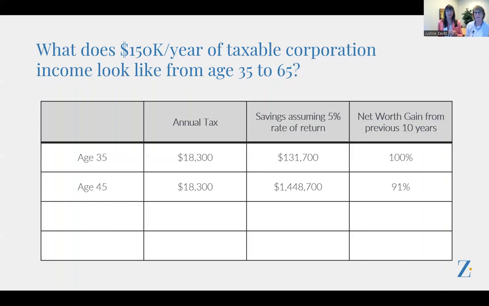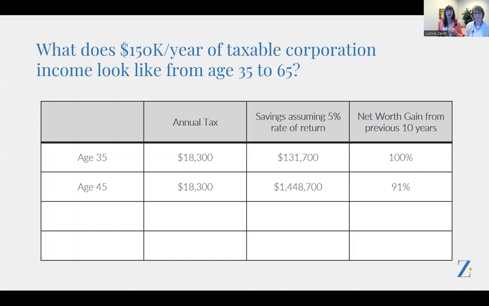They haven't started earning enough passive income that it has clawed down the small business tax rate to something that's 150,000 or less. So over that 10 years with the compounding interest, this person now has a pot of money of 1.5 million almost, 1.45 million. From the 10 years prior, when they only had 131,000, their net worth gain in this time is 91%. It's hard to beat 100%, so this is still pretty good.